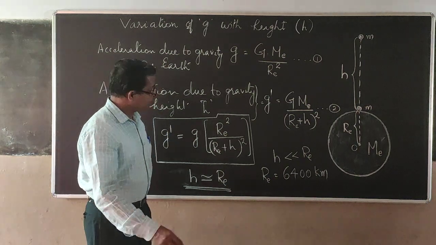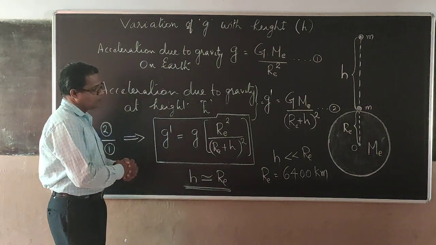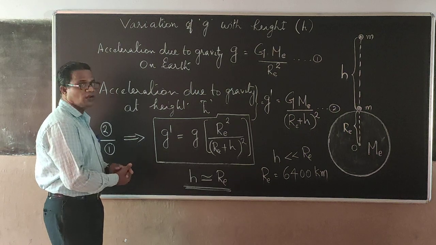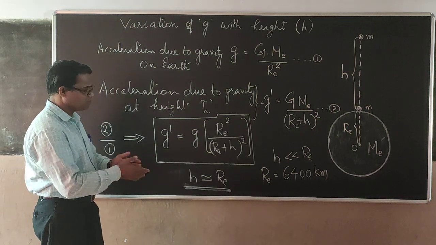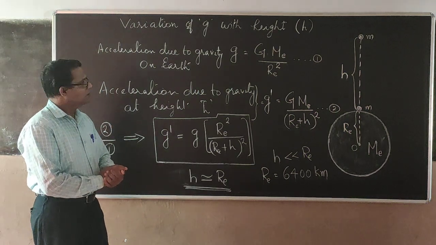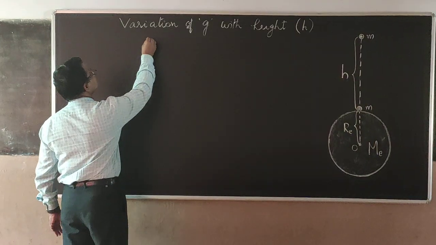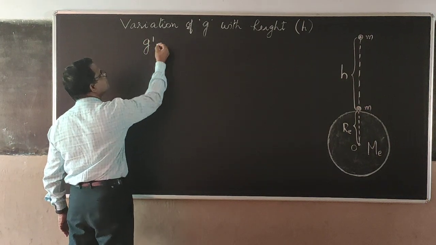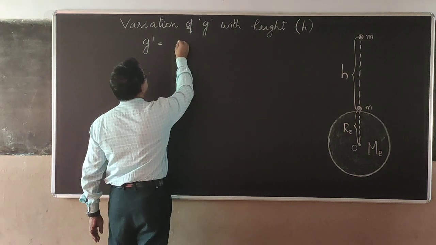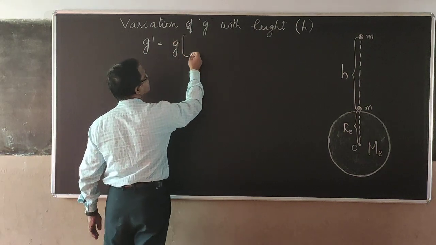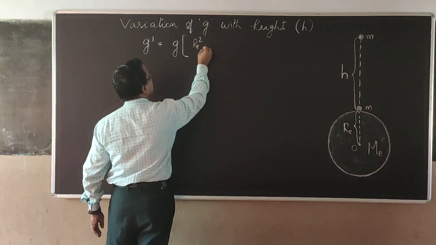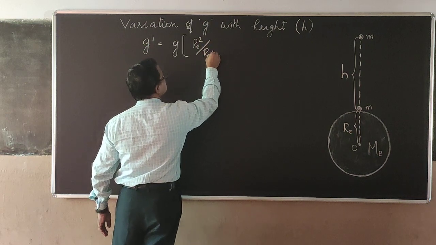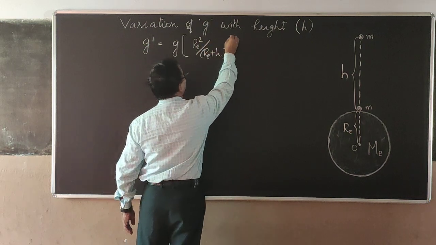Now how can we use this particular equation for finding the variation for small heights? We got the equation G prime equal to G into RE square by (RE plus H) the whole square.